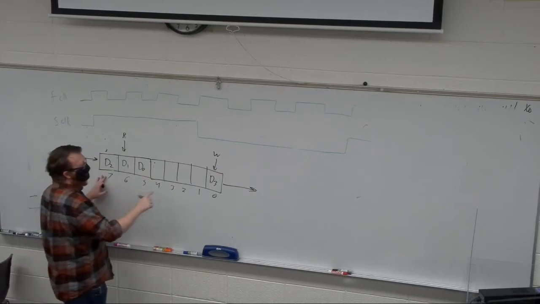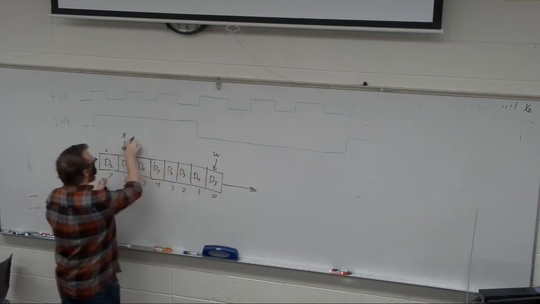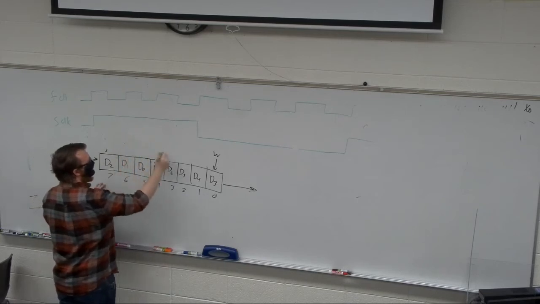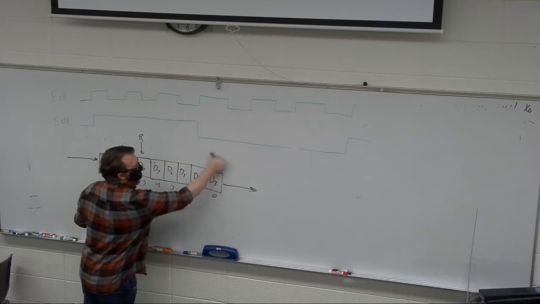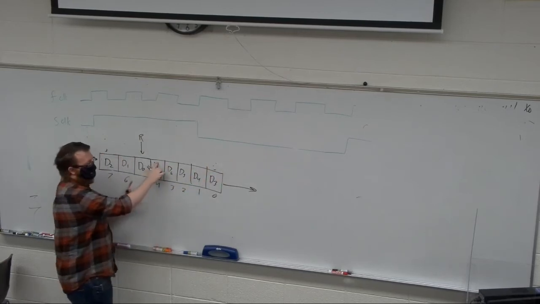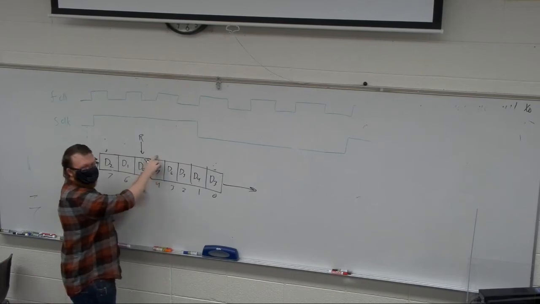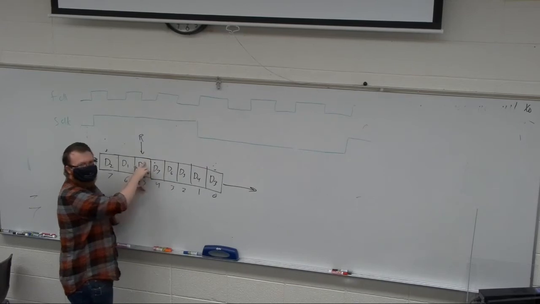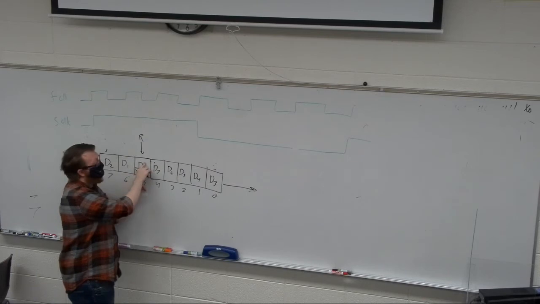So I write D3, D4, D5, D6, D7, and let's say I haven't read anything yet. So I go write, write, write, write, write. Now I can use the fact that write plus 1 is where the read is. That means I'm full, right?